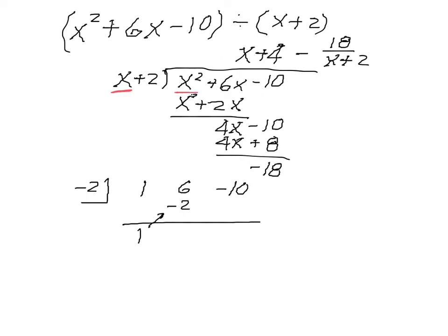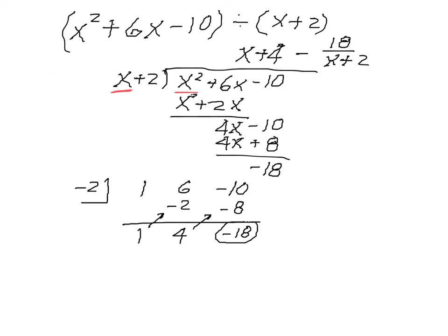Now I add 6 and minus 2, and I get 4. I multiply the 4 times minus 2, I get minus 8. I put the minus 8 underneath the minus 10, and I add those two, and I get minus 18, which is my remainder.